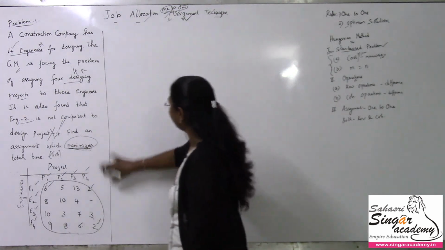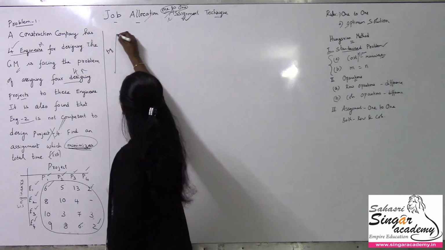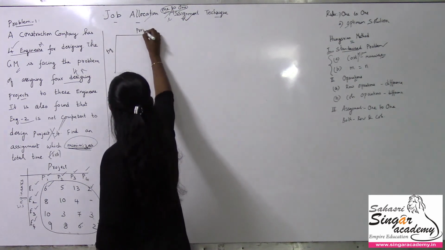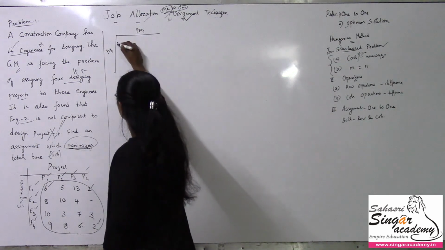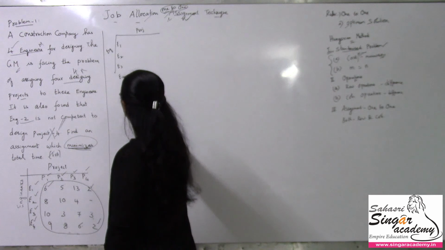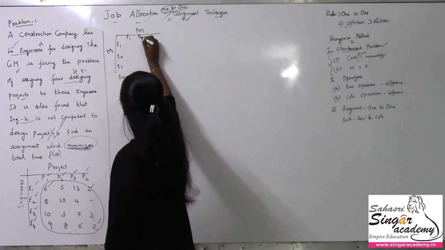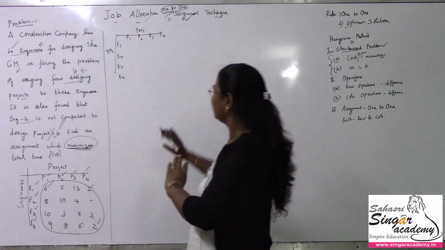For convenience sake, let me have the problem here. This is all with respect to engineers and this with respect to projects. So engineer 1, engineer 2, engineer 3 and engineer 4. Project 1, project 2, project 3 and project 4. I'm just going to list the values, not starting the problem.